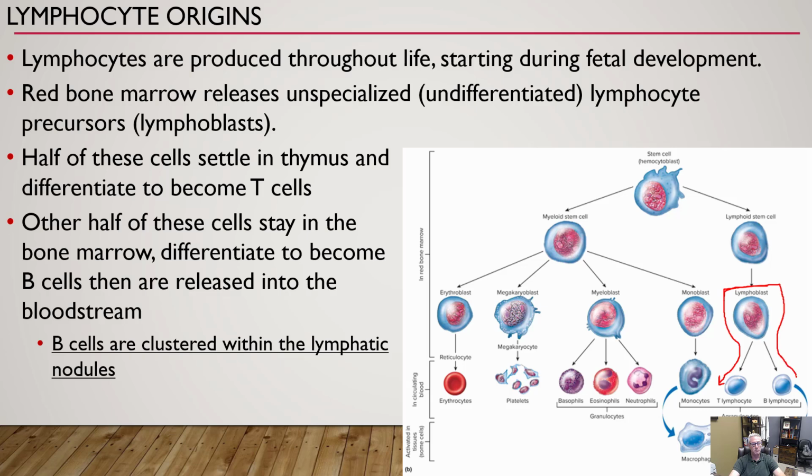We go down this right pathway, and then eventually be released into the bloodstream. And remember that T cells are going to be in the medulla of the lymph node, whereas the B cells are going to be in the germinal centers of the lymph node.